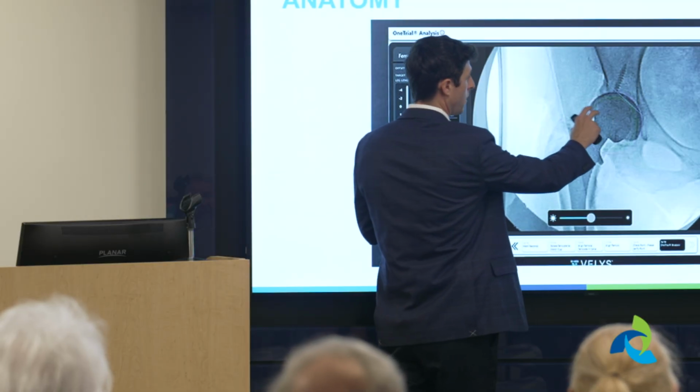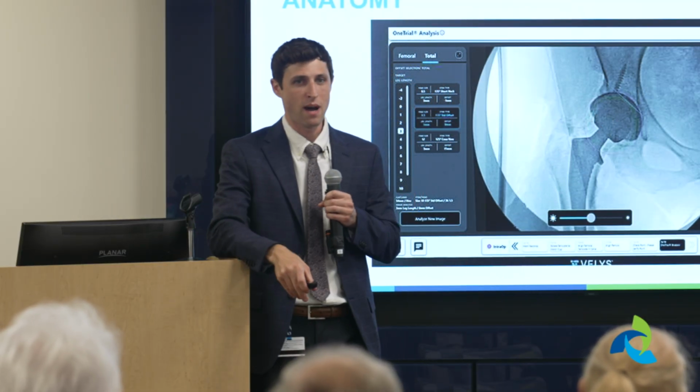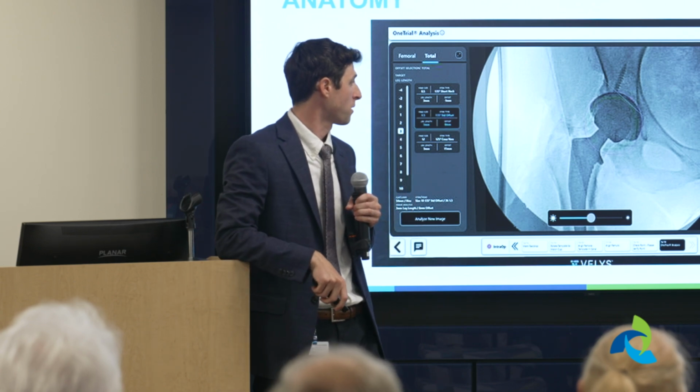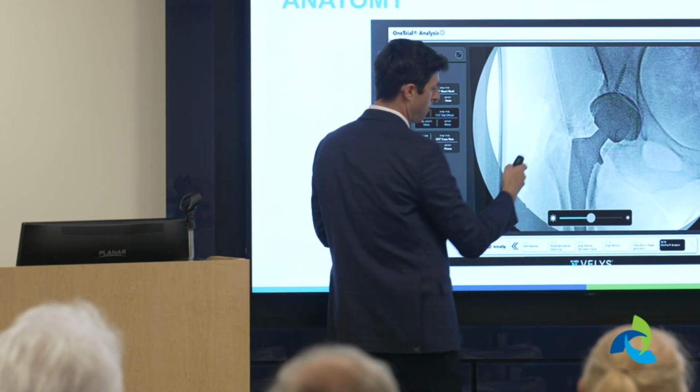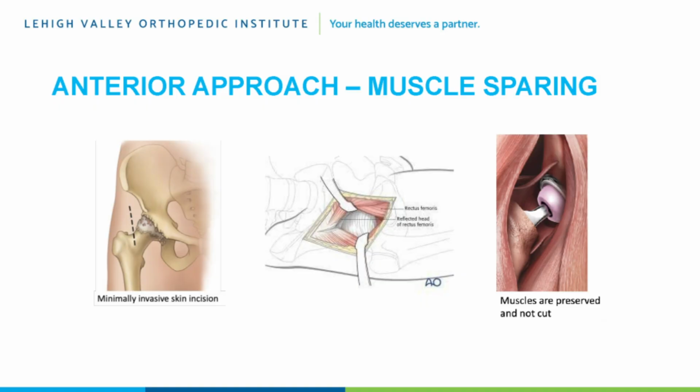The way we mitigate that risk is putting the components in the appropriate position that maximizes stability and prevents dislocating, but also optimizing the tension of the muscles. If you remember before, we talked about how the normal hip anatomy has muscles that inherently give it stability. And we're trying to put tension on those muscles to prevent dislocations afterwards.